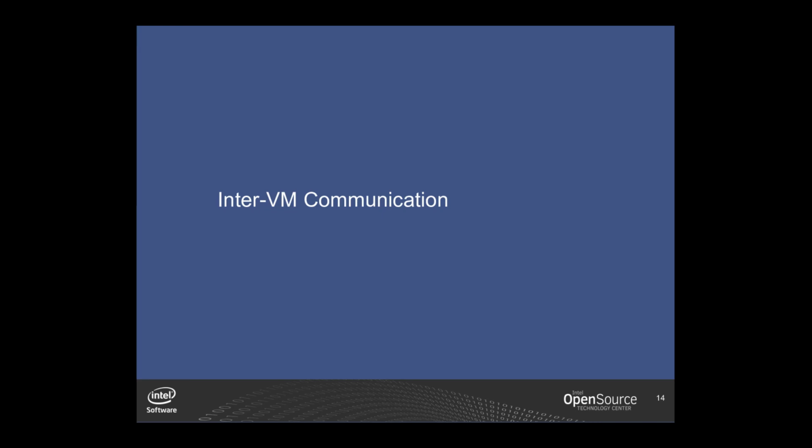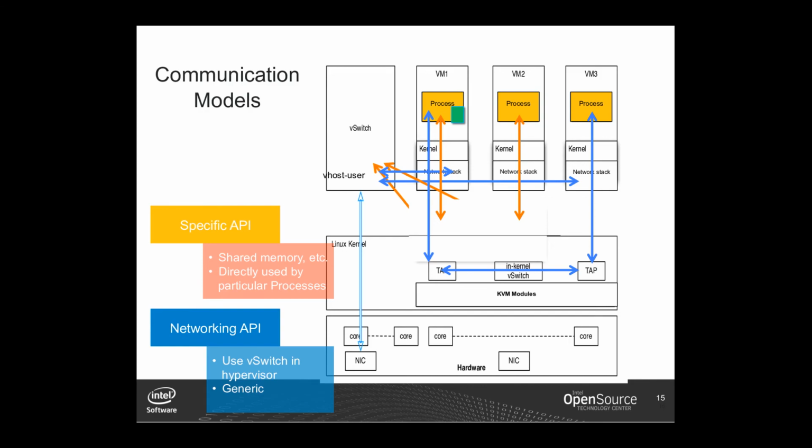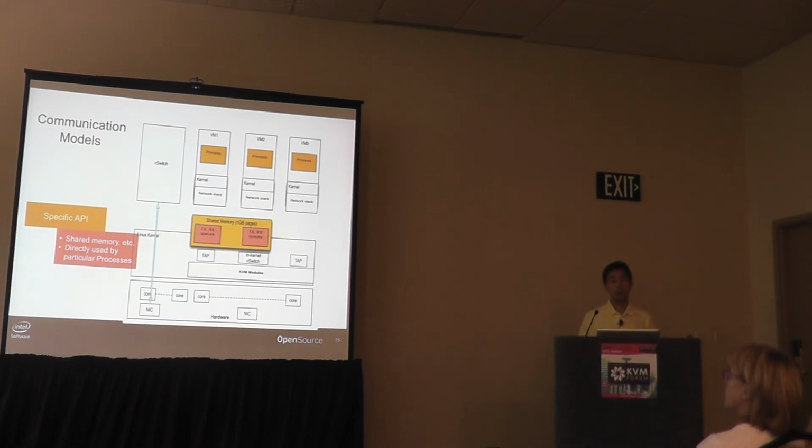So I'm now switching gears to inter-VM communication. Before that, I want to talk about the communication model. Roughly, we have 2 of them, depending on the API, the programming model you use. One is a specific API. What I have in mind is, for example, DPDK. In this case, the switch directly talks to the NIC, for example.